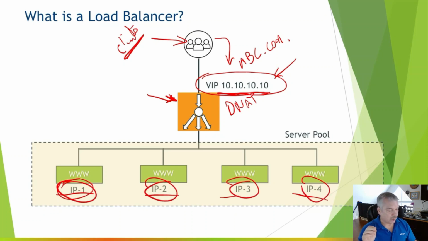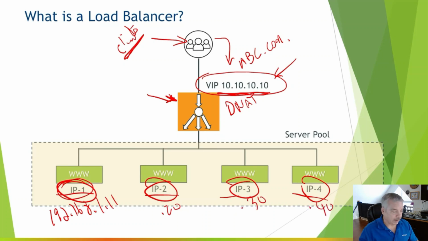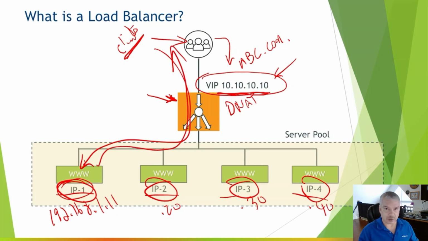Maybe it'll put IP1 there. Maybe this is 192.168.1.10, and this is .20 and .30 and .40, whatever. Okay? So then the packet will go over to that server. Now, when that server replies back, it knows the client's IP, because the source IP was maintained or preserved, and we send that back to the client. Okay?